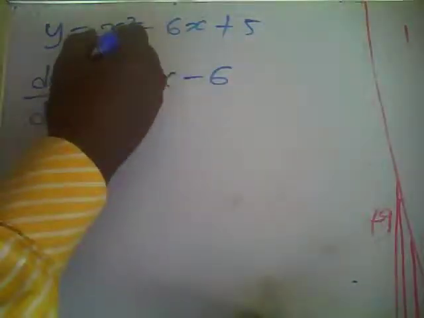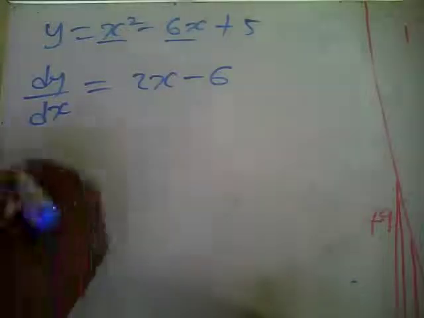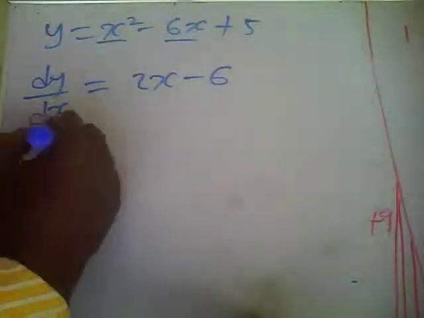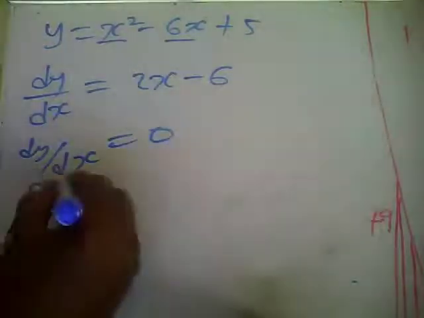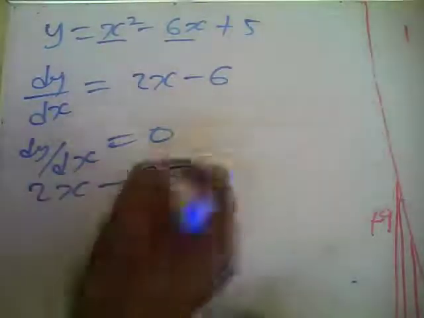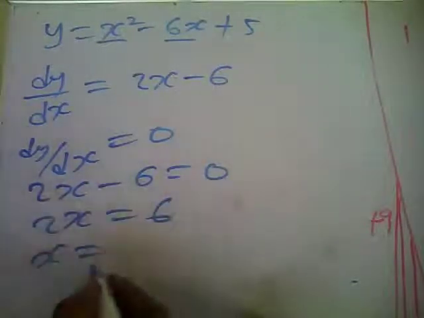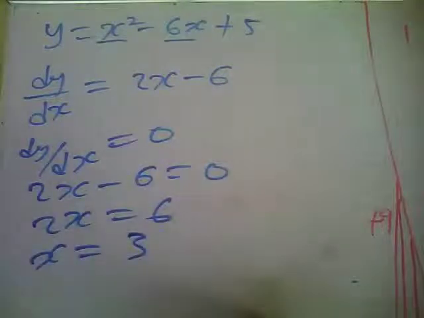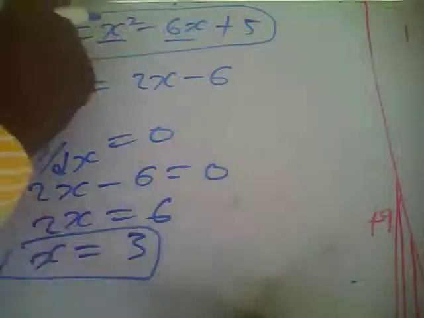Now, the first condition is that dy/dx is equal to 0, so 2x minus 6 is equal to 0. So 2x equals 6, meaning x is 6 over 2, which is 3. So we have gotten the value of x that makes the function minimum.